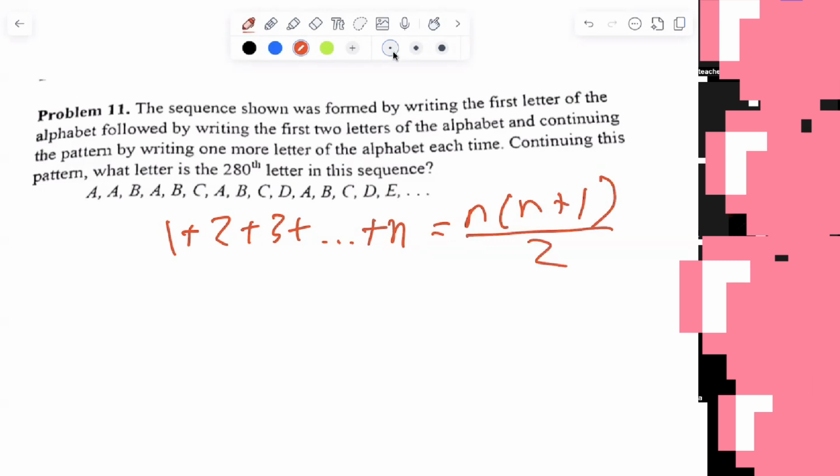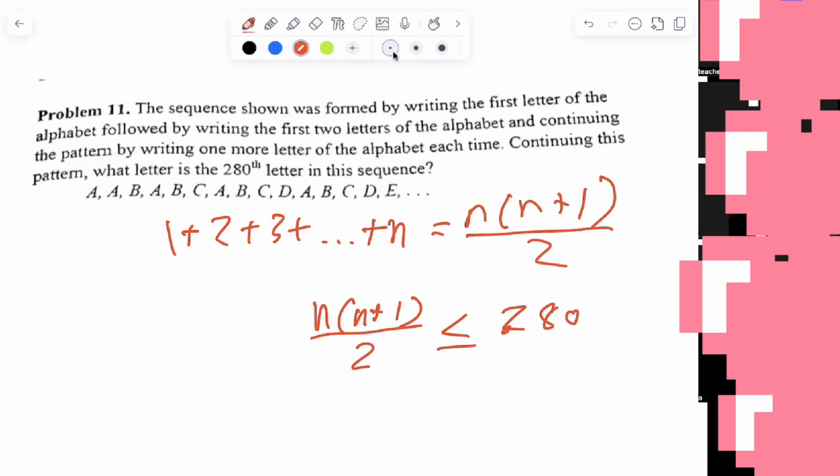Then we want to find when n times n plus 1 over 2 is less than or equal to 280. Why? Because we want to approach 280, but not go over it.